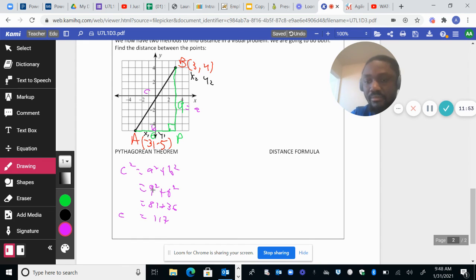This is C squared. Next, take the square root on both sides, so the square disappears, and the square root of 117 is approximately 10.82.